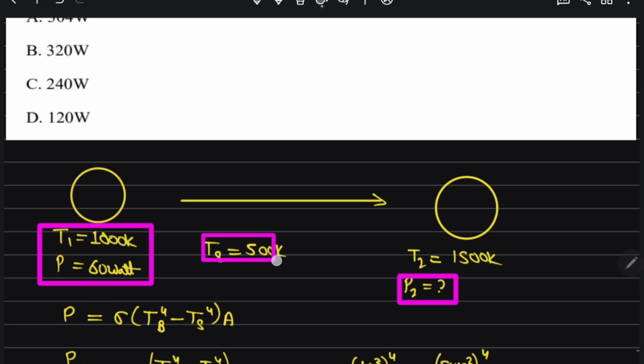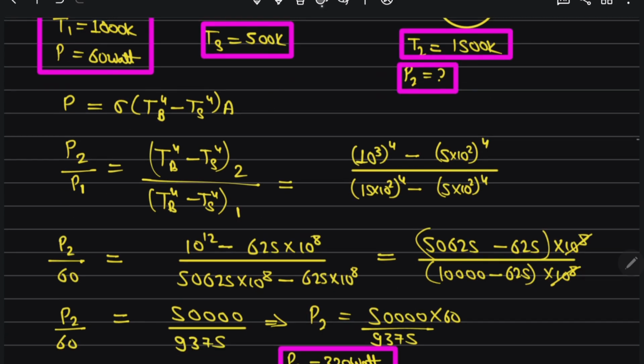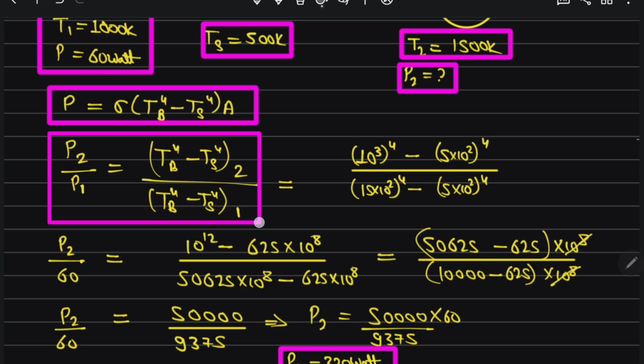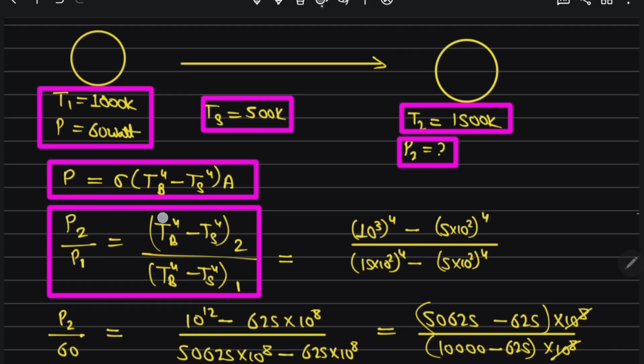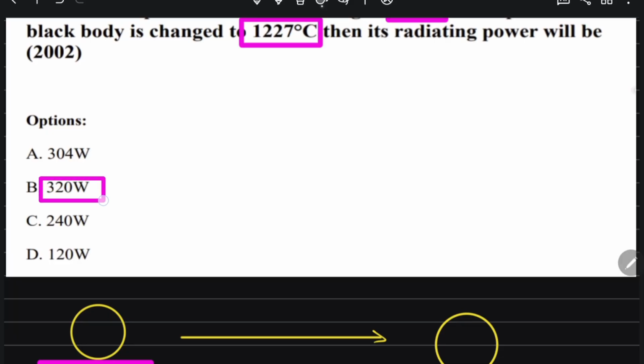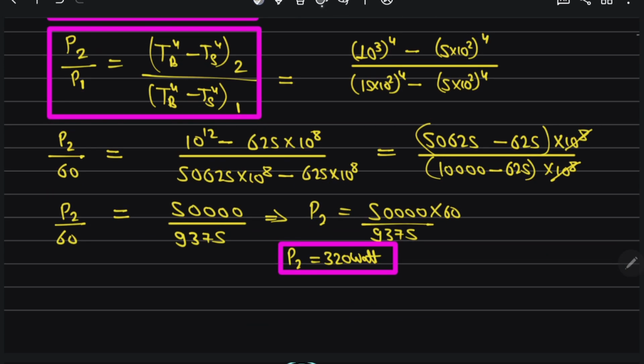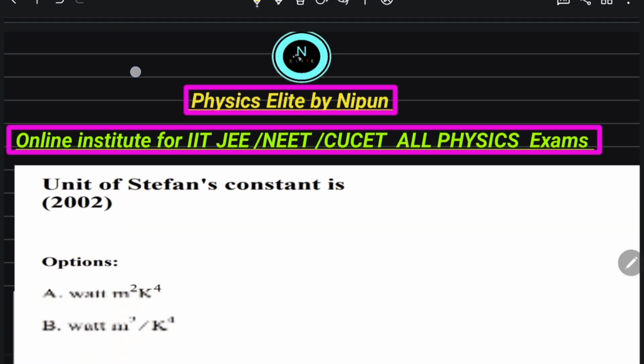T1 is given, temperature of surrounding is given, and T2 is given. So P2 by P1 is equal to the temperature of body to the power 4 minus temperature of surrounding to the power 4 for the second body divided by the first body. Then I put all the values and got 320 watt. So option B is correct. I proceed to the next question.